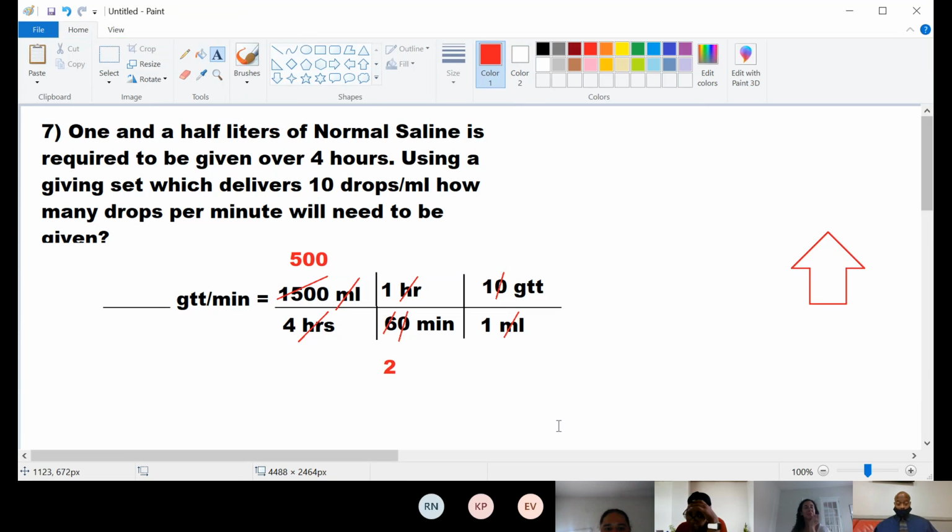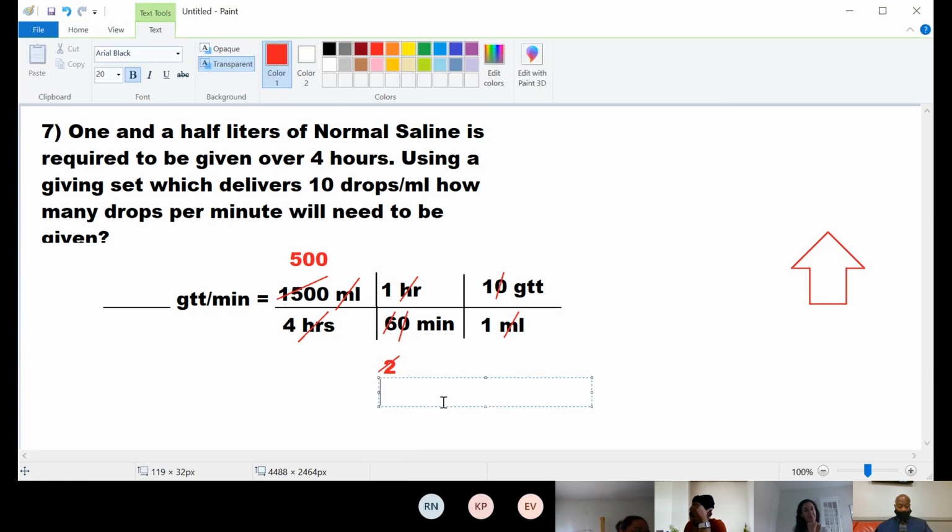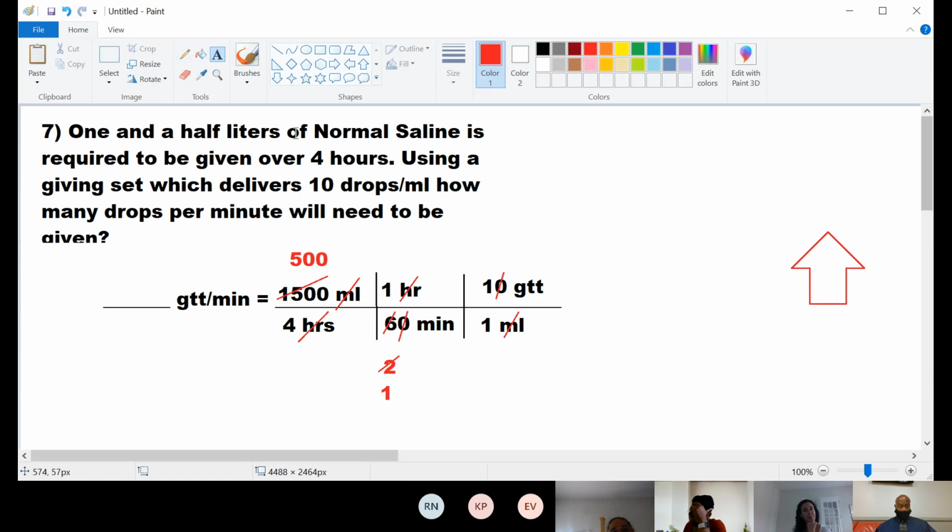And actually, we can keep going, because 2 goes into itself once. So we change that to a 1. And how many times does 2 go into 500? 2 times what is 500?